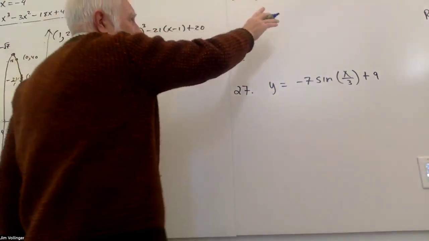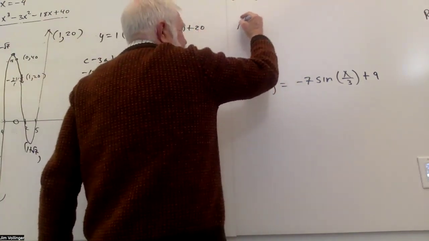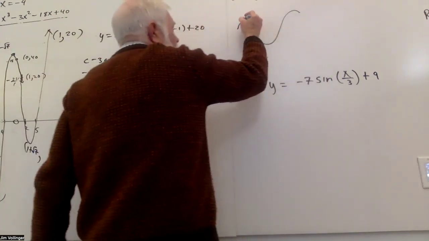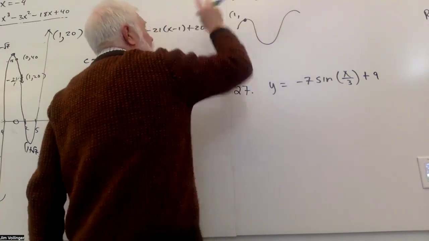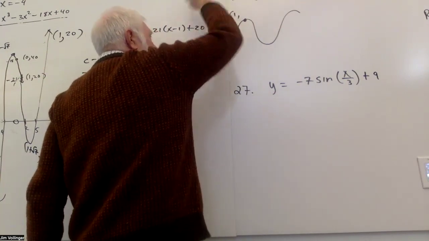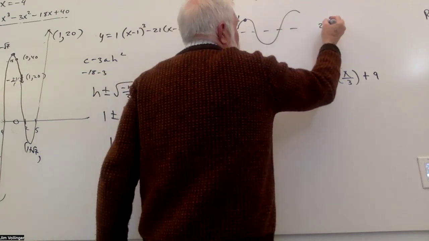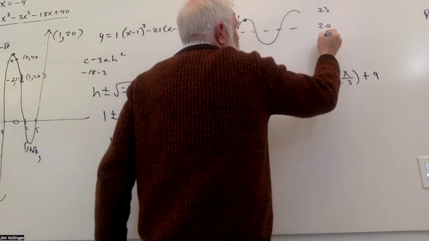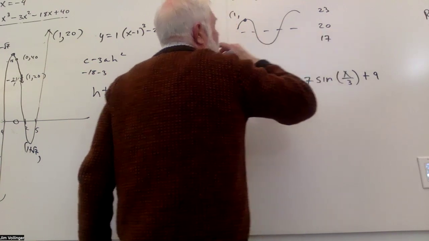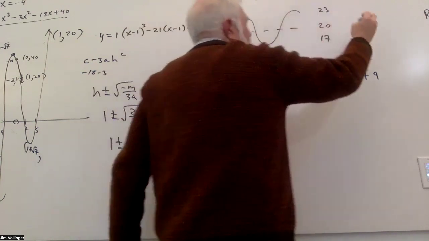So I'm going to use that because I can go max to max for 1 period, and I know that a 1 is going to act like a 0, no walking around the circle. And that's going to get me, let's see, there's 20, there's 23, and there's 17. And I know my multiplier is 5.